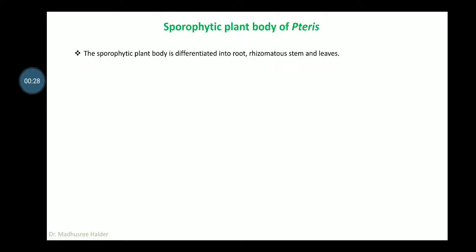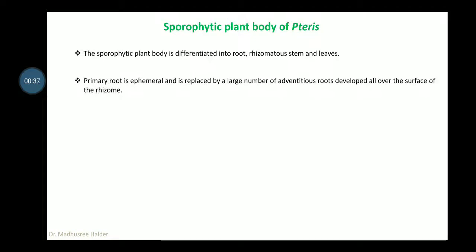The sporophytic plant body of Pteris is differentiated into root, rhizome, stem and leaves. The primary root is ephemeral and is replaced by a large number of adventitious roots developed all over the surface of rhizome.